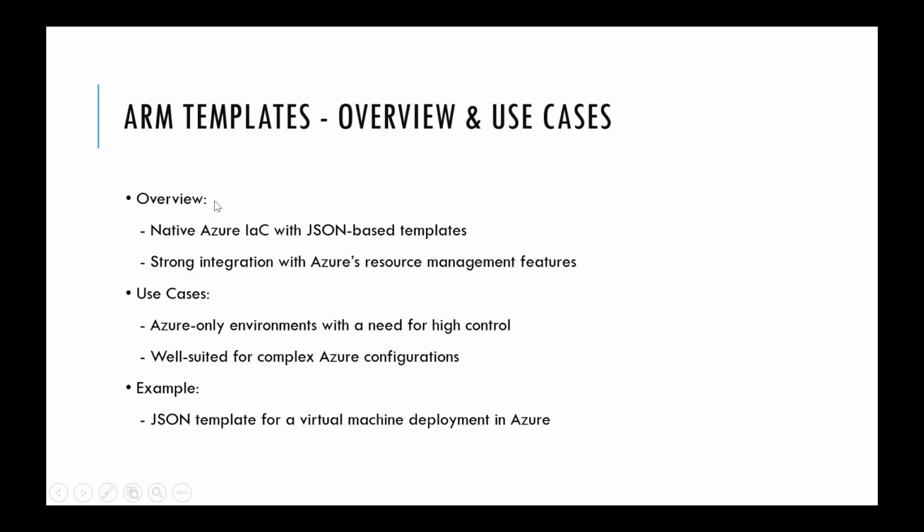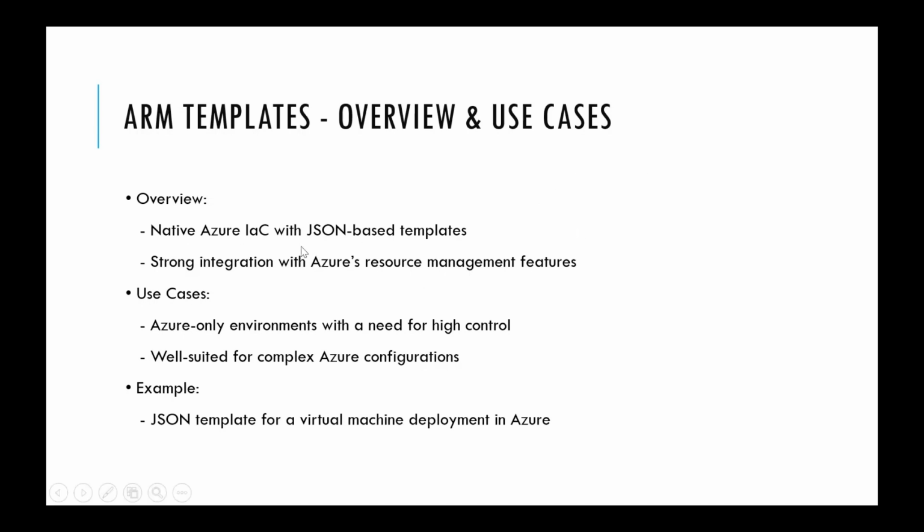Next one is ARM templates. This is native Azure IaC with JSON-based templates. The things you can do using Azure Bicep, you can also do with ARM templates, but the syntax is different. You generally get JSON-based templates with a .json extension in ARM templates.